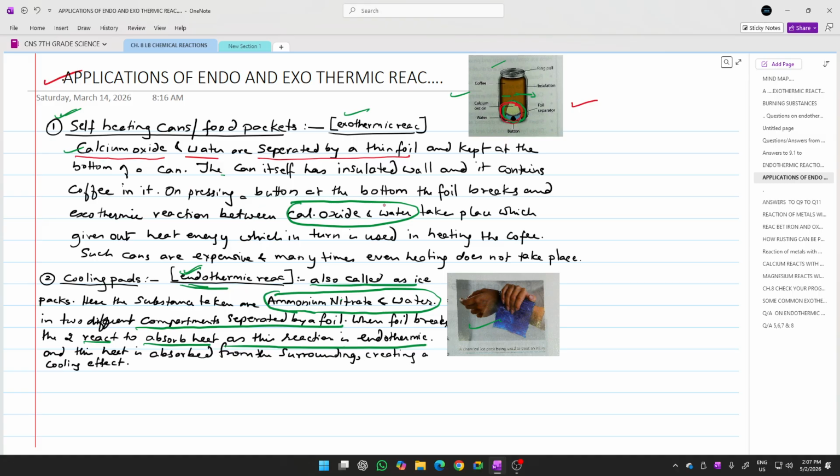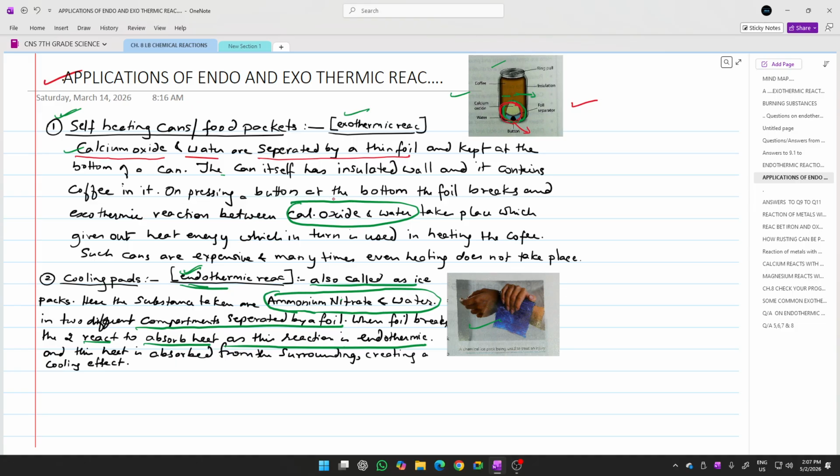Now, on pressing a button at the bottom of the can, this thin foil will break open. When the foil breaks, the calcium oxide and the water are no more separated and they will mix together, and a chemical reaction will take place between them.